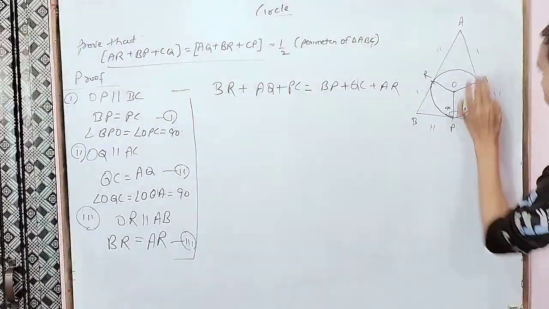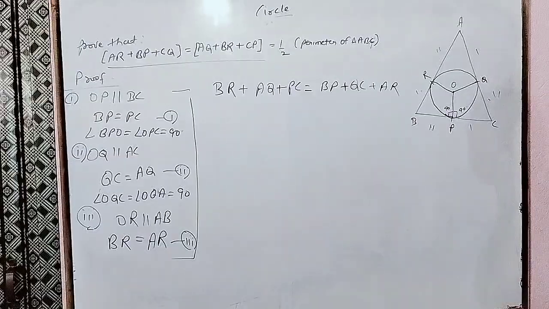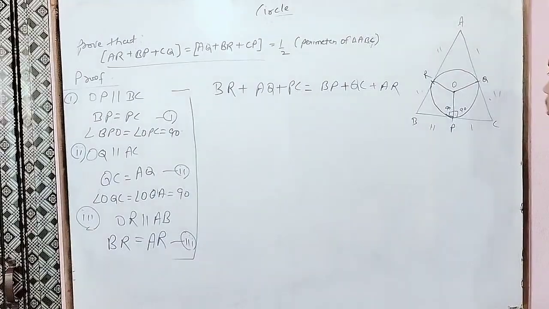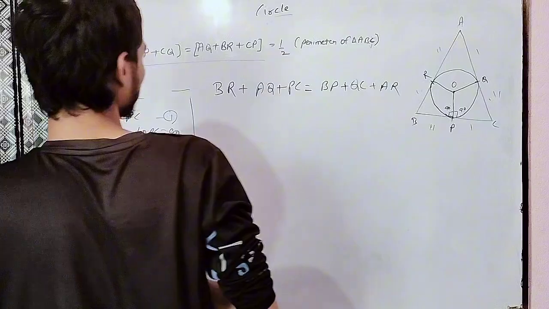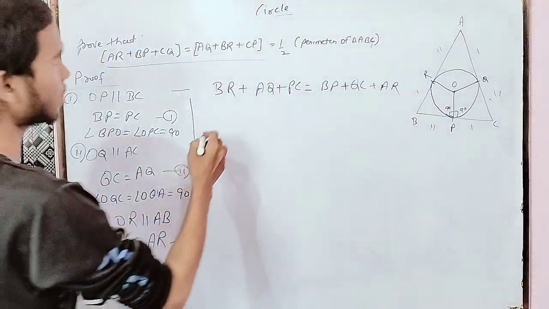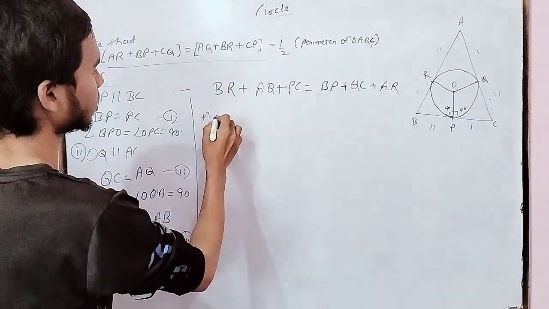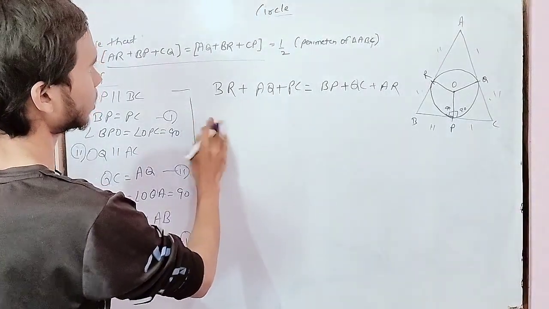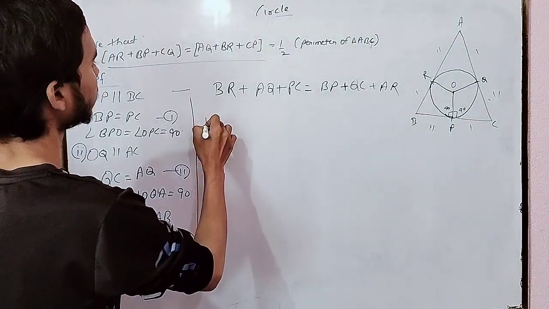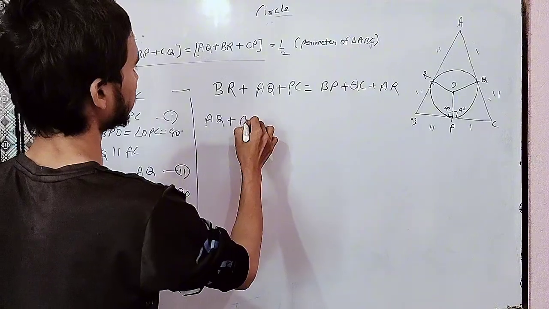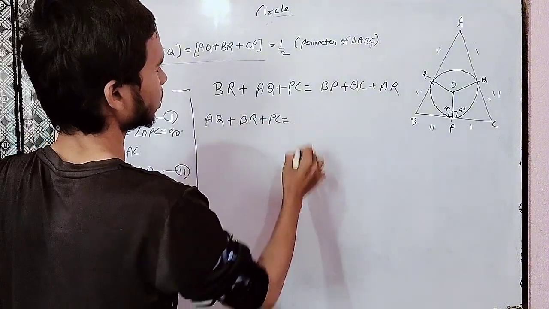Now the sum of these will give the perimeter. From here can we say AQ plus BR plus PC, how much?